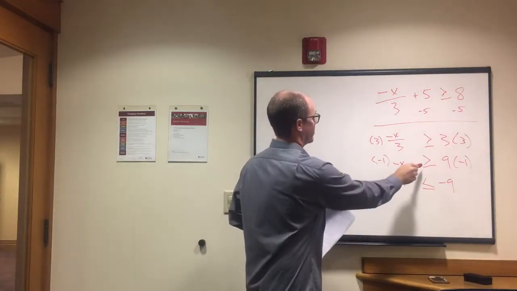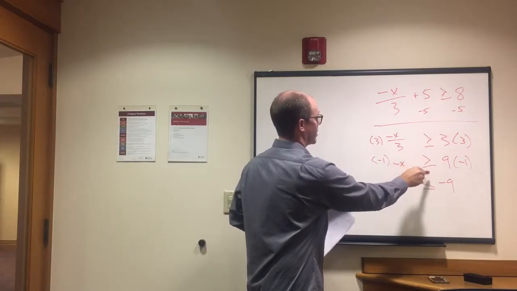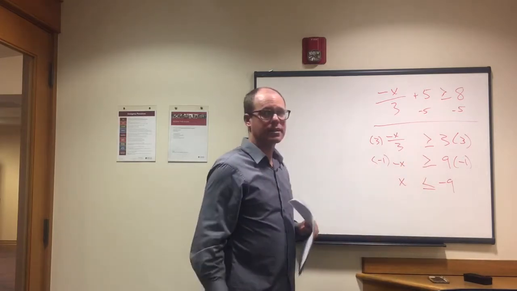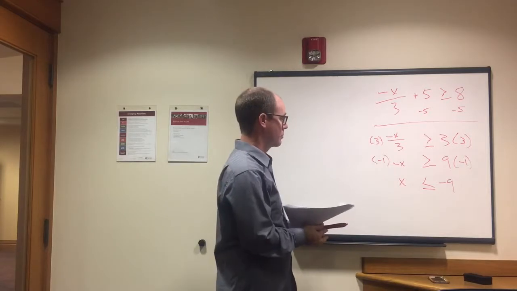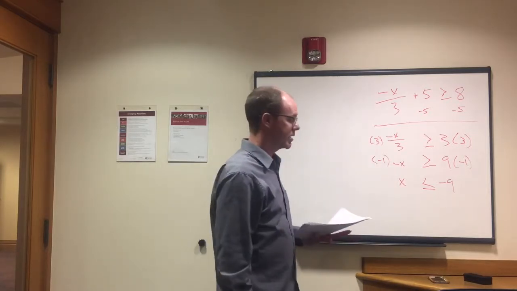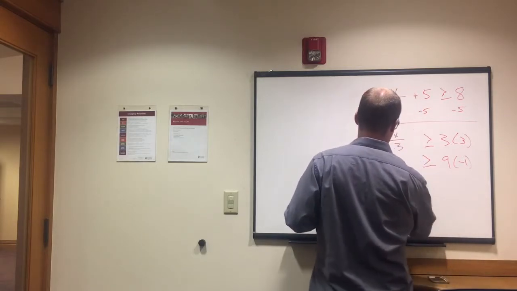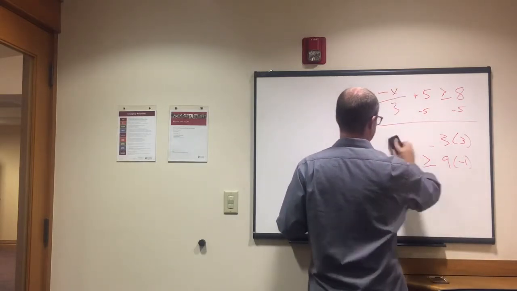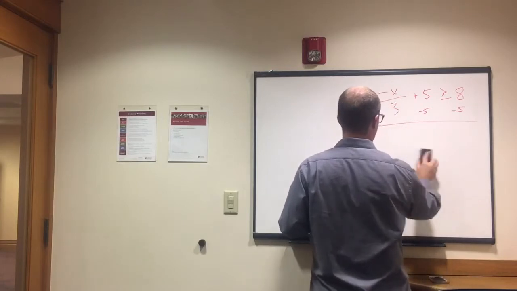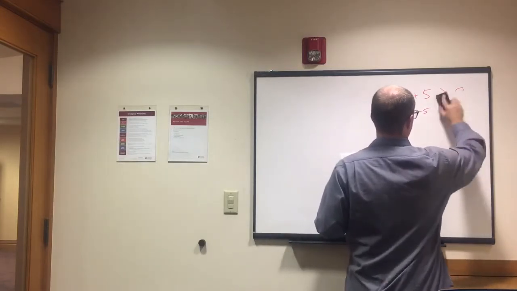And when you do that, we have to flip this greater than or equal to sign to less than or equal to, because we multiplied by a negative number. So actually there's a bunch of steps there. None of them are all too hard, but you gotta do them all.